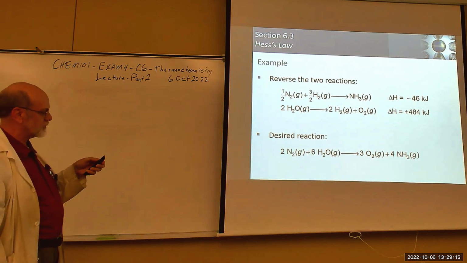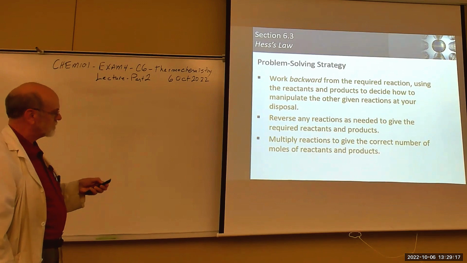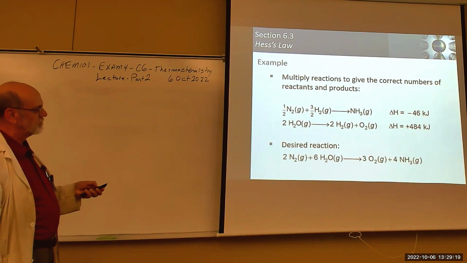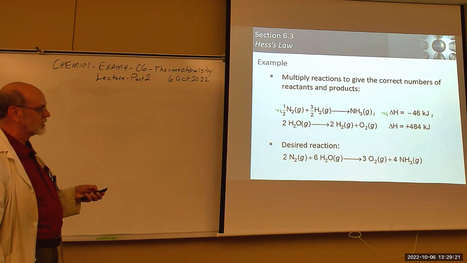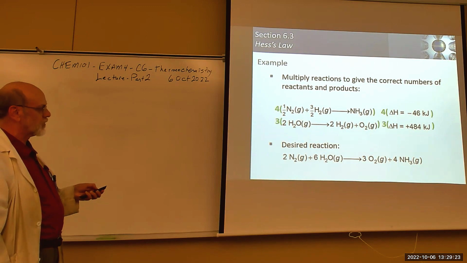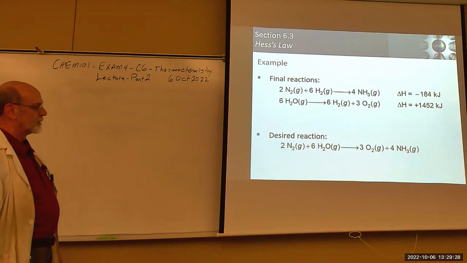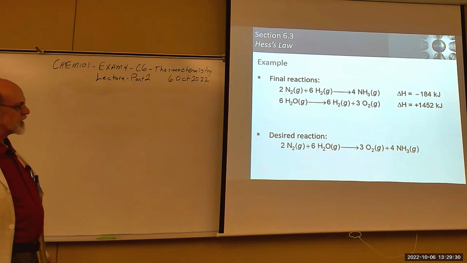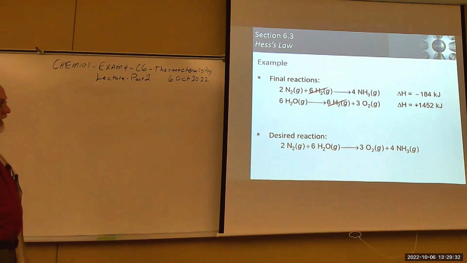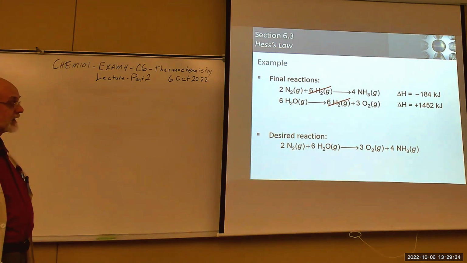So reverse the reactions first, then multiply by a factor to give you the correct number of terms. And then check to see if they add together correctly, and then cancel things that you can cancel.